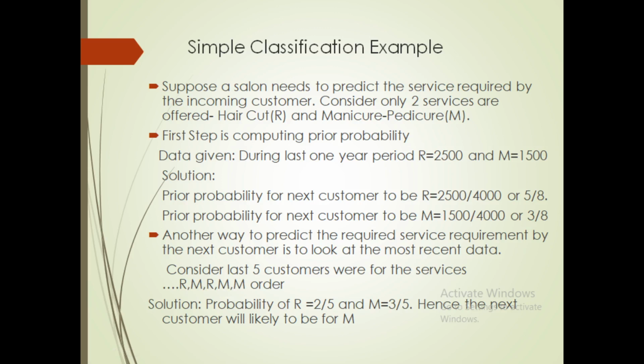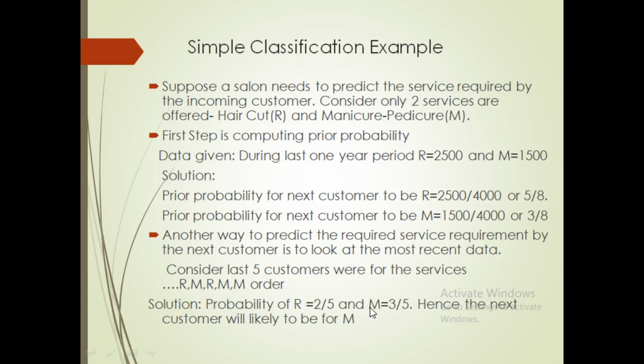How we are going to find this is, we will find the probability of R. Probability of R is given by 2 divided by 5. Since we have considered only the last 5 customers, the denominator term will be 5, and we know that R has occurred 2 times, so it will be 2 divided by 5.